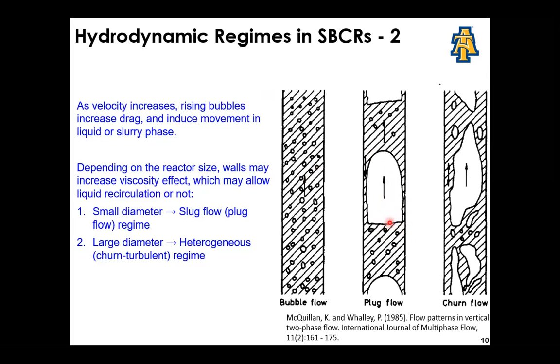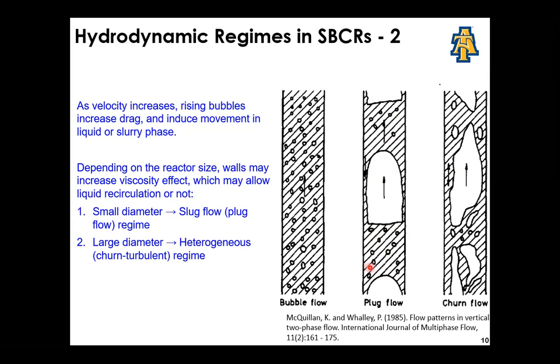But when the velocity increases further, we have a heterogeneous or churn turbulent regime because of the large bubble diameter. The plugs of gas in the liquid phase, where the velocity is assumed to be constant, are bullet shaped, and they cover most of the cross section of the column.